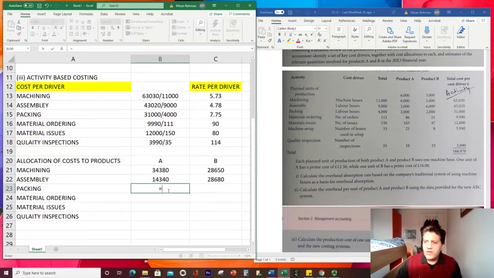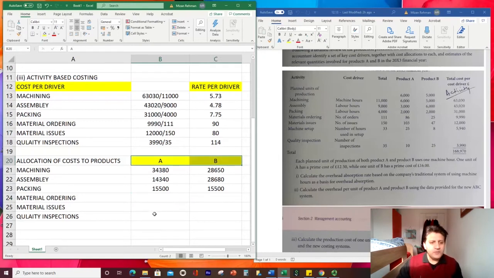Now we go to packing. 2,000 direct labor hours for A times the rate, 7.75, and the same amount is for B. So I'll do that again, and I have allocated the cost of packing as well.